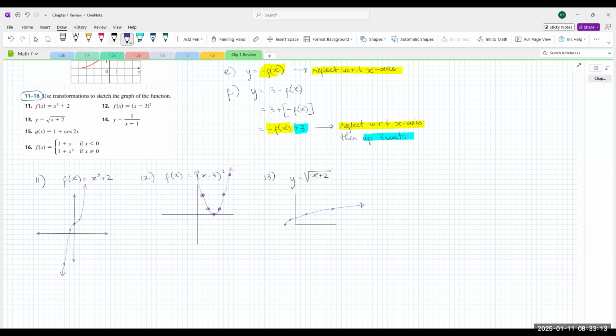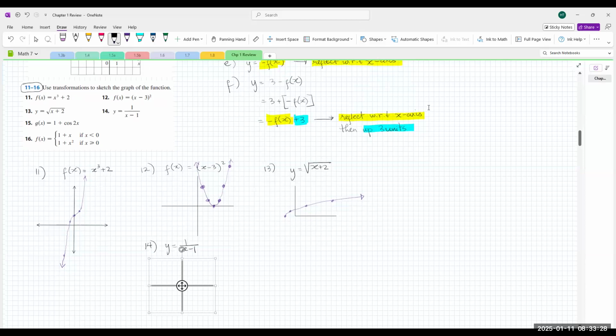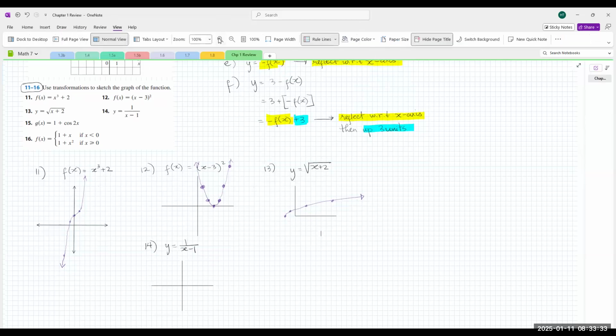Okay, the graph number 14, that's y equals 1 over x minus 1. The basic function is 1 over x, right? Let me enlarge this a little bit so that we have better visibility.